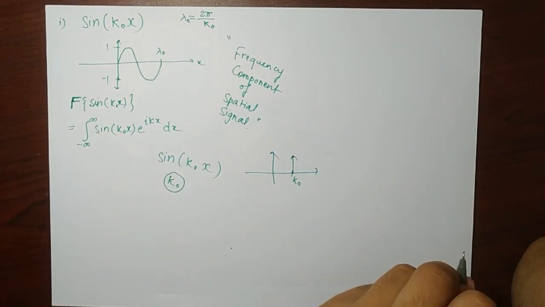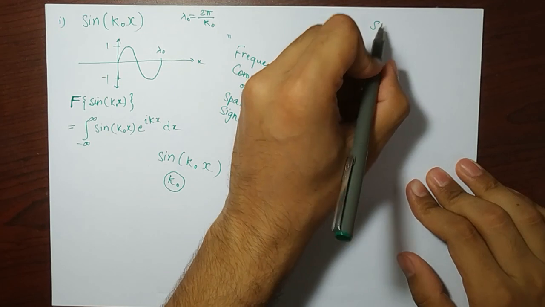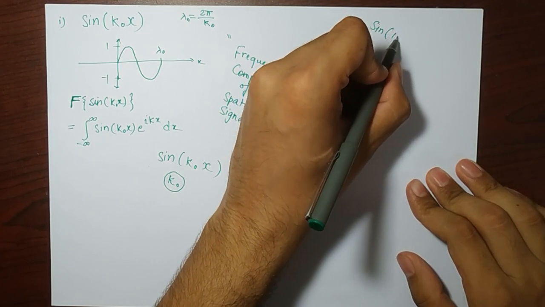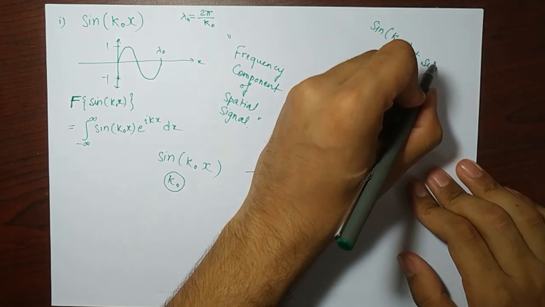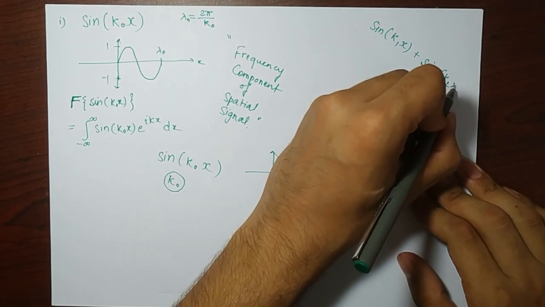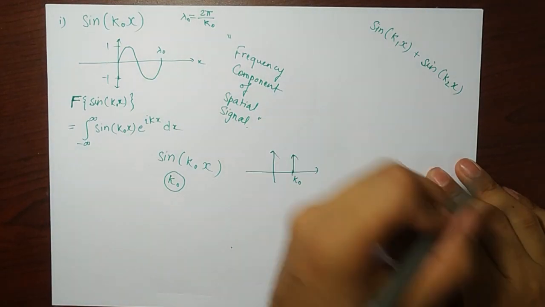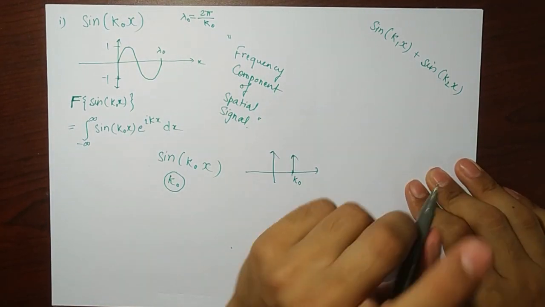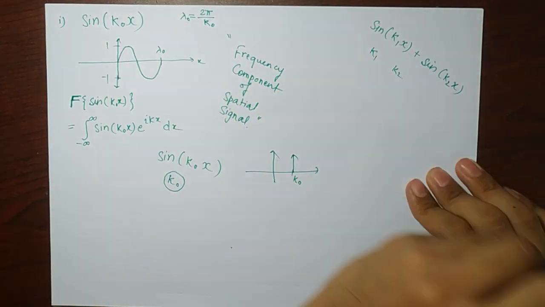For example, if I had sine of k1 x plus sine of k2 x, then in this signal I know that there are two frequency components, k1 and k2.